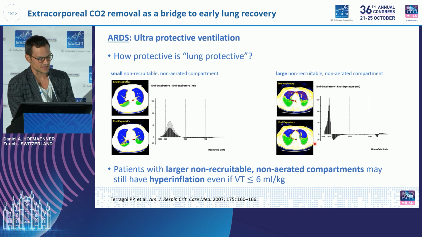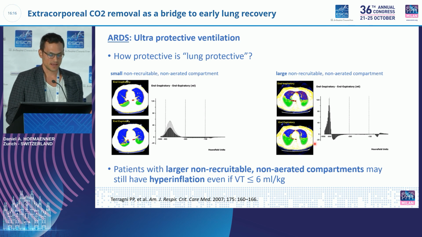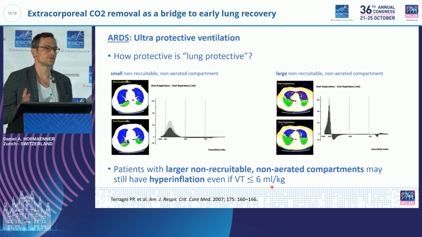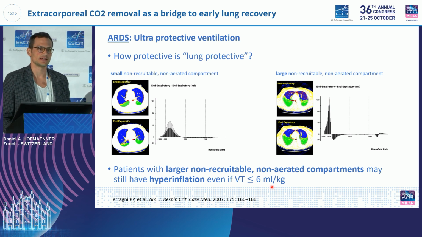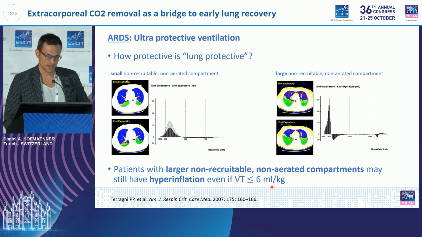And the point that I want to make here is that even if you ventilate a patient with 6 ml per kilo, you might induce stress in large non-recruitable areas. For example, this might be a patient that could profit from a CO2 removal in order to limit stress to the lungs.